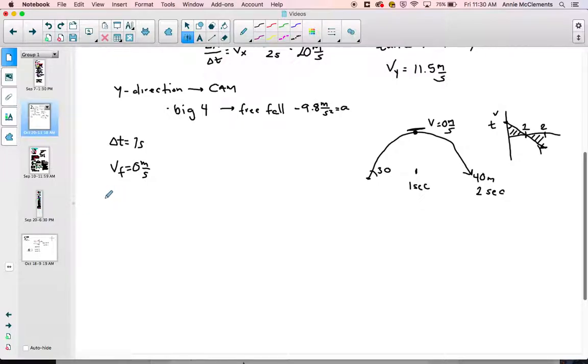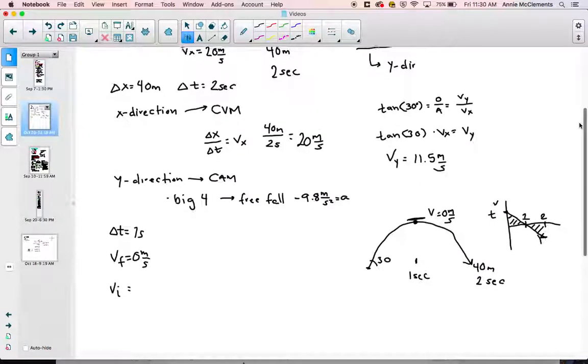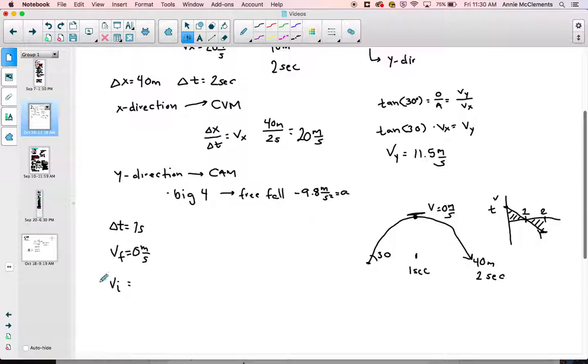And the V initial is what we calculated above, the velocity when it leaves the pitcher's hand, which is 11.5 meters per second. And the acceleration, because we're in free fall, is negative 9.8 meters per second squared.